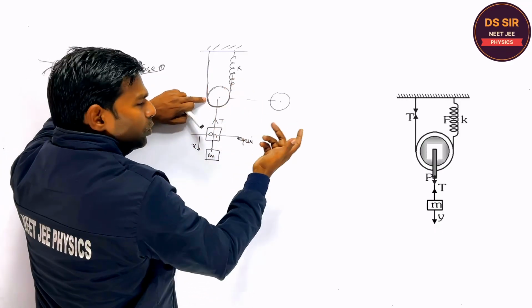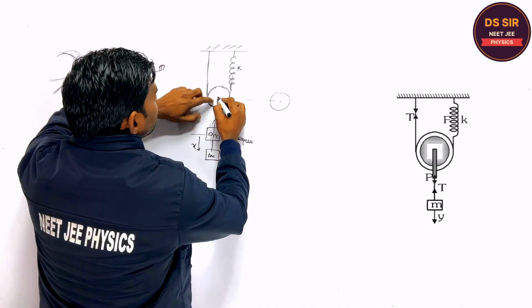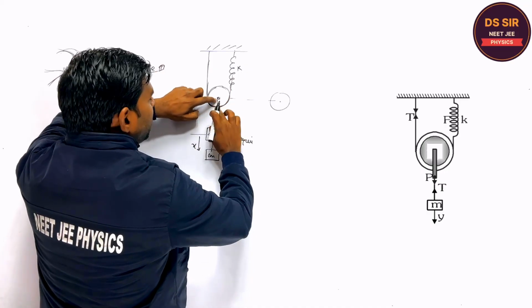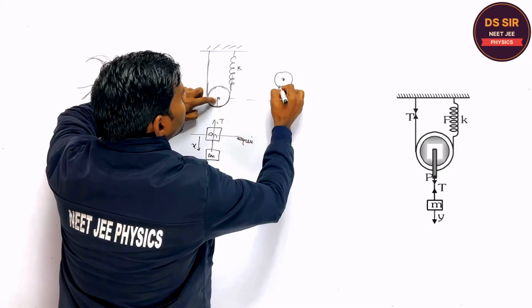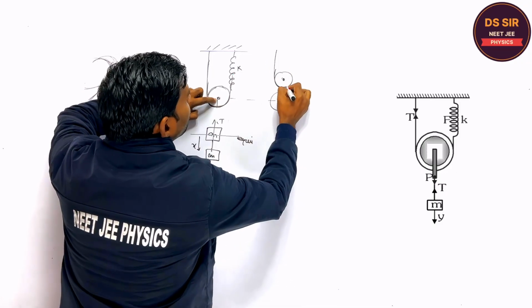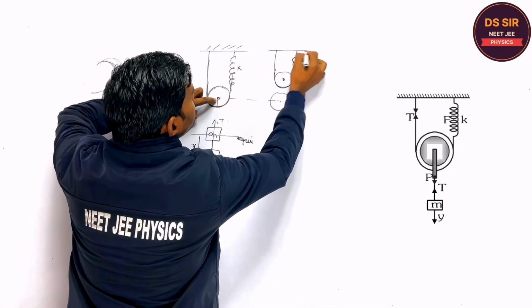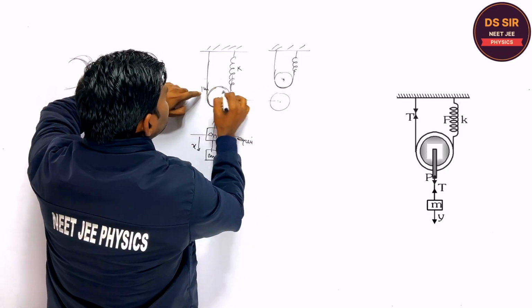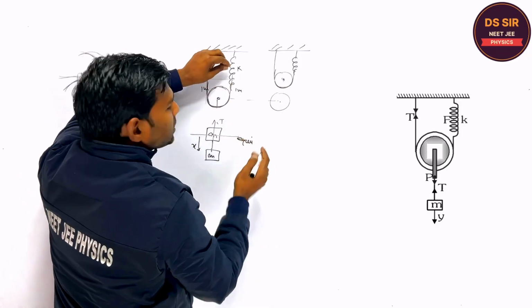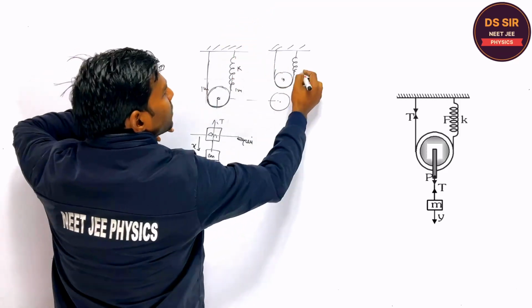Listen, we do the reverse process. If this pulley goes up by 1 meter, so this is the 1 meter, this is the 1 meter, the spring is compressed by 2 meter.